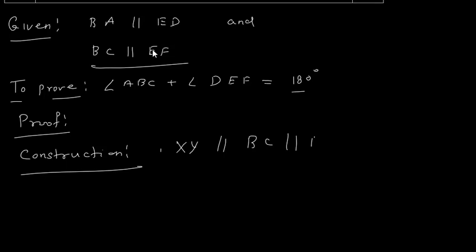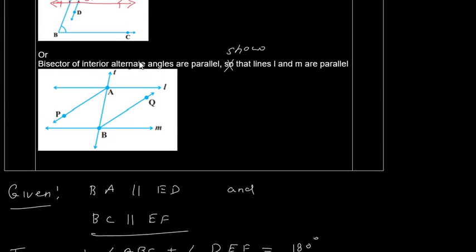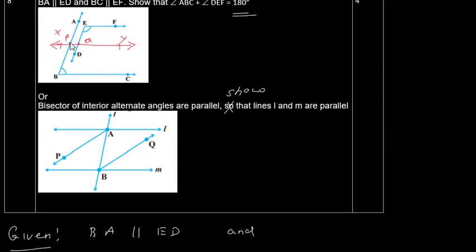All these three are parallel to one another, right? Now as they are parallel, this angle ABC is going to be equal to this angle APQ. As XY is parallel to BC, angle APY is equal to angle ABC, they are corresponding angles.